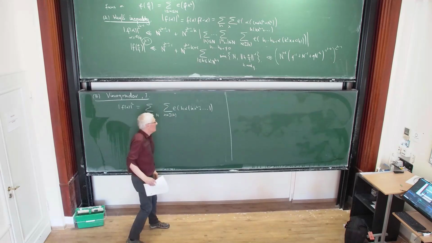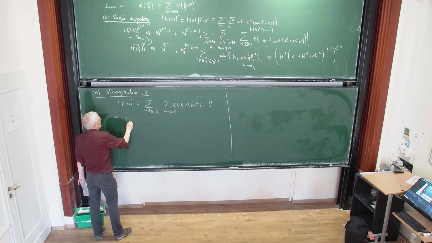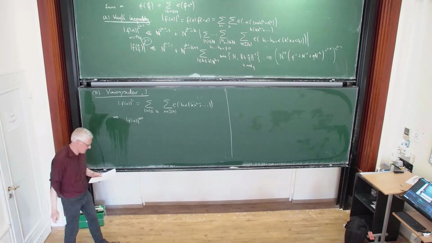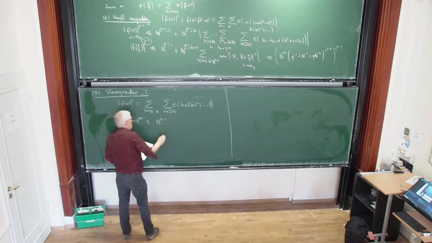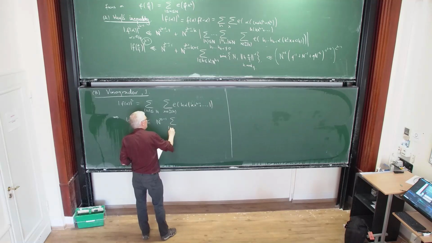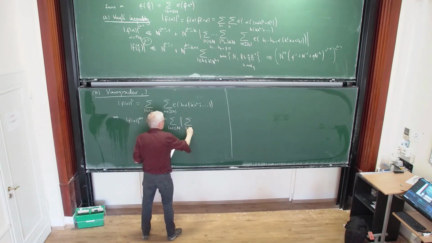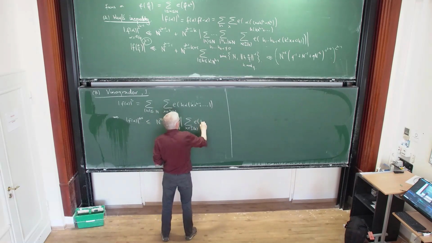And what I can do now is look at a large power of this expression that I just wrote down. So if I use Holder's inequality, then what I can do is glue together variables again.